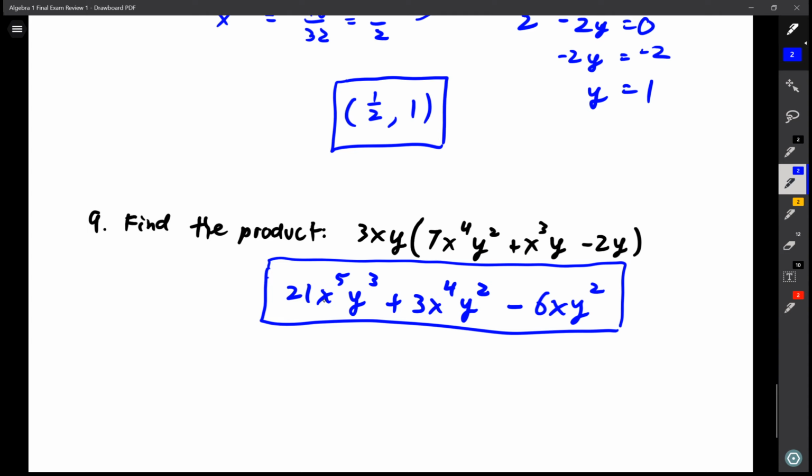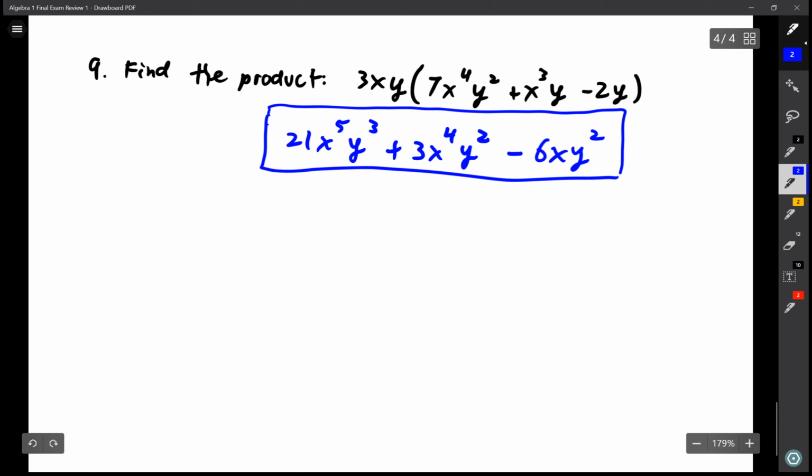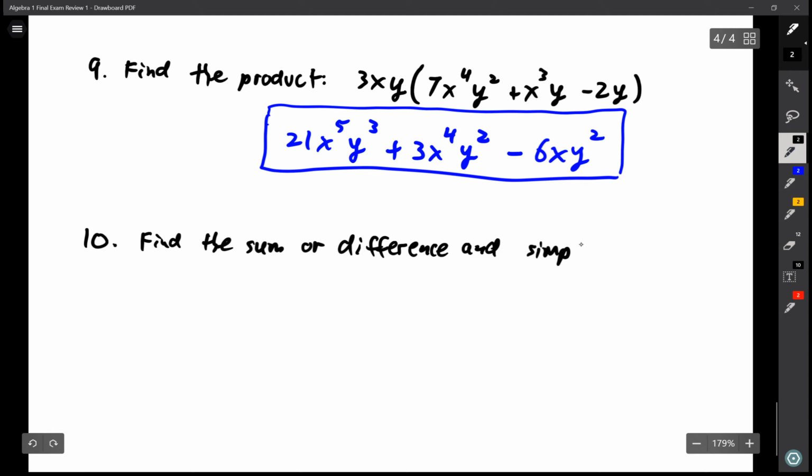And finally, number 10. Number 10 is find the sum or difference and simplify. Okay, what do we have?